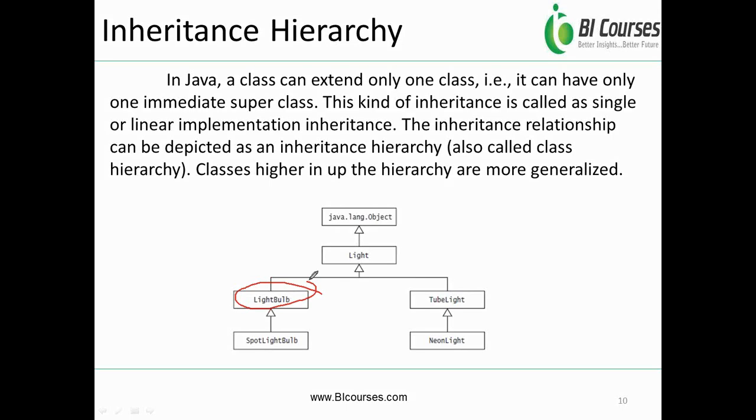We cannot extend more than one class in any class. Only LightBulb extends Light, and TubeLight also extends Light. So in Java we can extend only one class. This is called single or linear implementation inheritance.